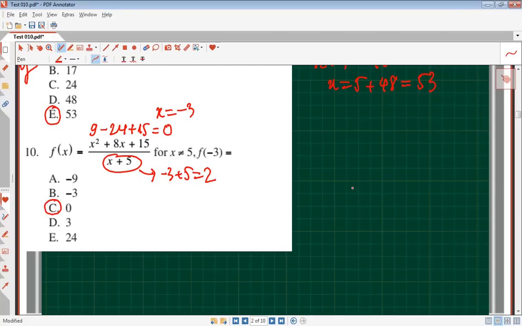The second way is useful if we want to have a different way, a different point of view. We factorize the top, which can be factored as (x plus 5) times (x plus 3) equal to this.